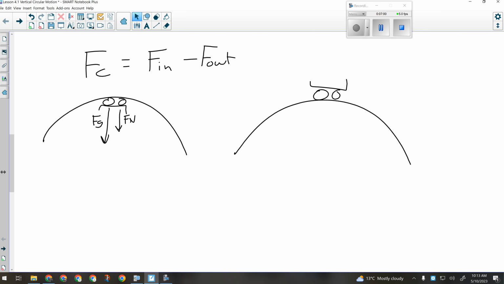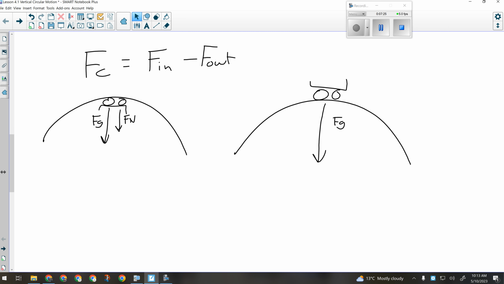Because gravity is doing what it always does, pull down, in this case into the circle. But you would go over the top and lose a little bit of contact with the ground. You wouldn't push on the top of the vertical circle as hard as you would if you were just sitting there. If you were just sitting there, the normal force and gravity would be equal.